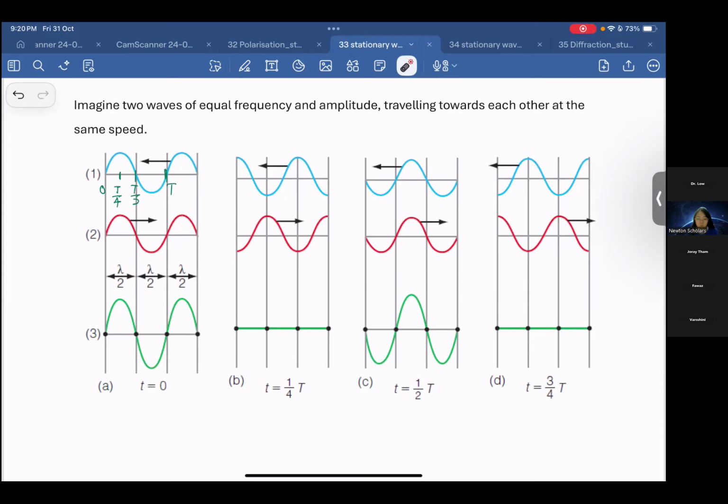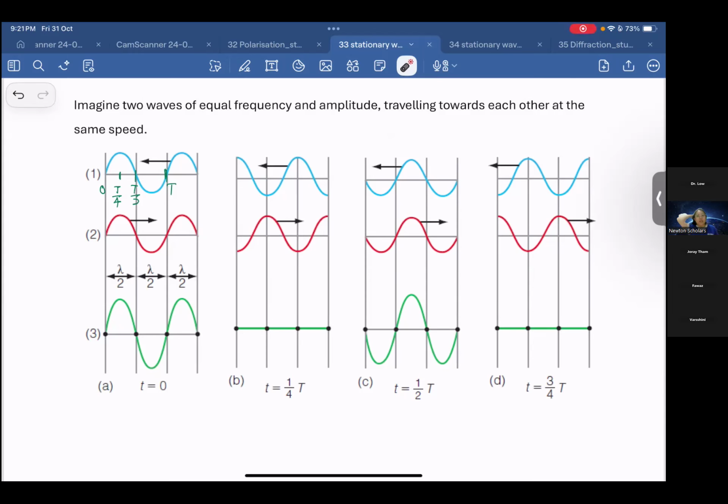0.024 second. 1T is 0.016 second. So it's actually how many T? Correct. One complete wave is 0.016 second. Now it's 0.024. It's more than one complete T. Correct. Then right now I need you to think, how is the pattern?